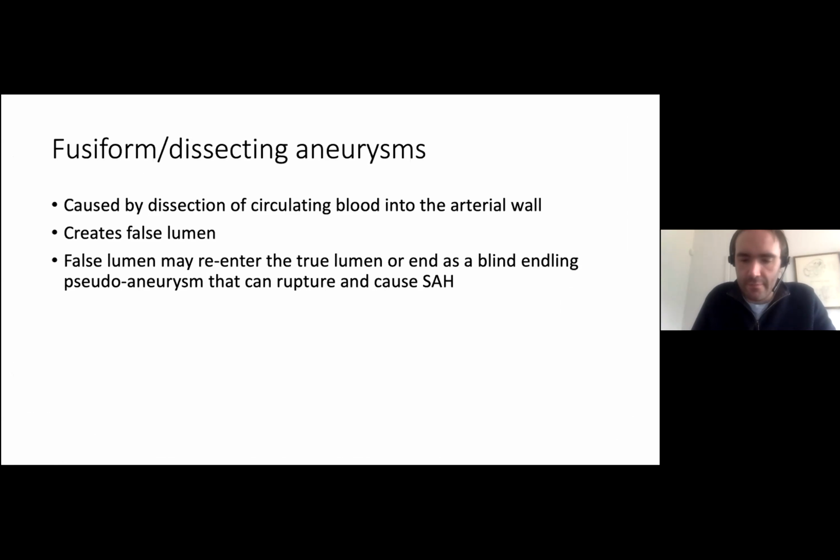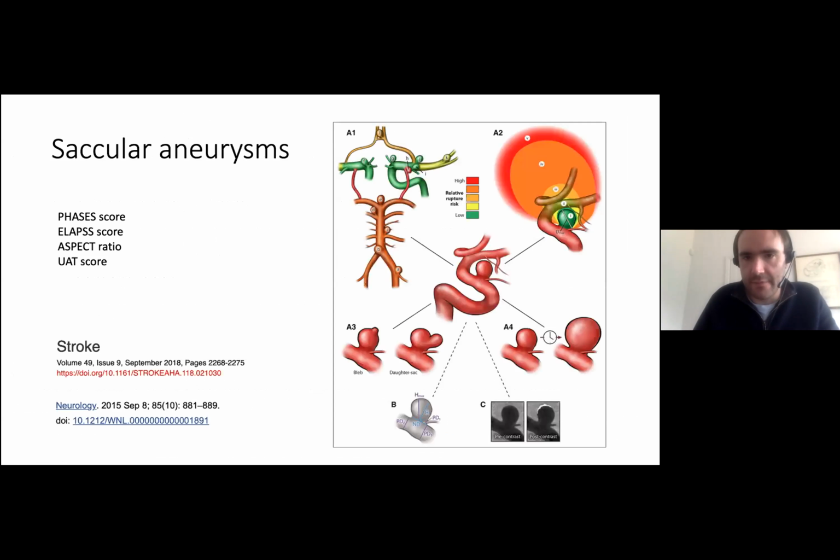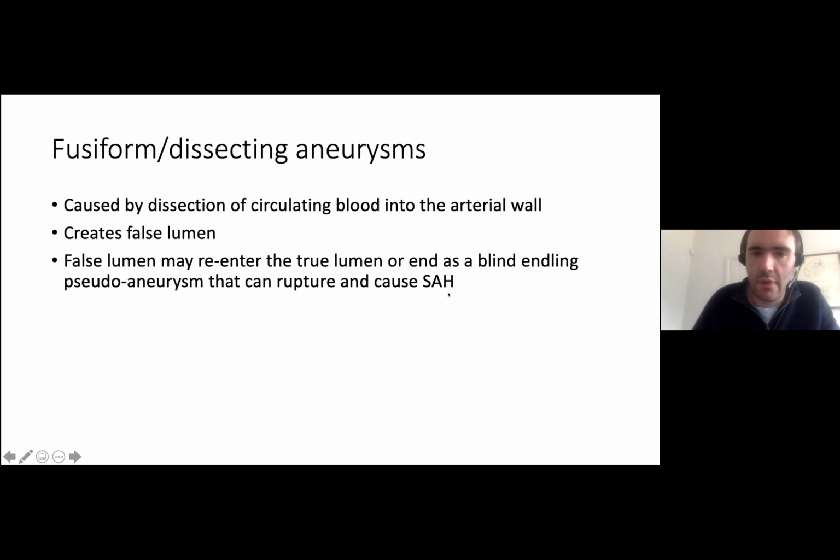So instead of it being a saccular aneurysm, whereby you get a distinct parent vessel, and then you get like a sac coming off the parent vessel, a fusiform, as you're all probably aware, is essentially a pathologically aneurysmal dilatation of the parent vessel itself.